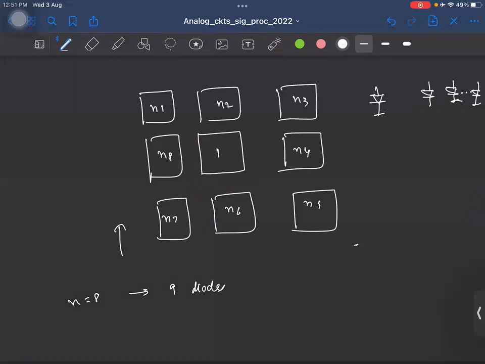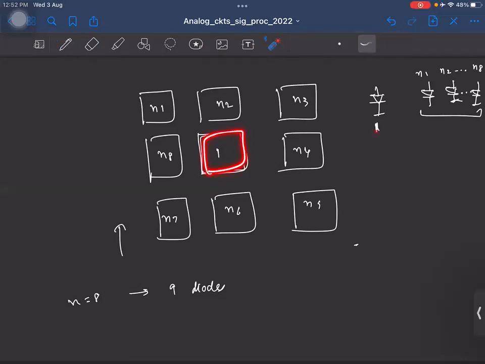No, this is not the dummy diode. In the actual circuit, we wanted 1 and 8. Totally, we want 9 diodes. So this is the diode 1, and these are what I'm calling N1, N2 to N8. That's why you place this diode here.